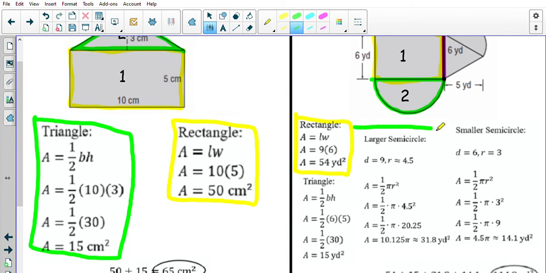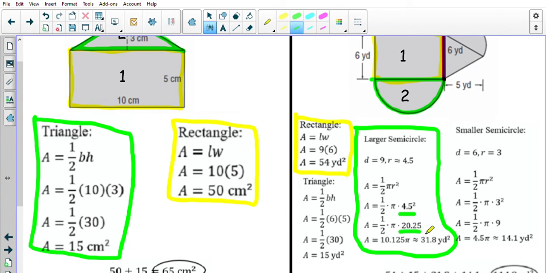That's this work here. Let me highlight it, and then we'll work through it together. So it's half pi r squared. Replace r with 4.5. 4.5 squared is 20.25. Half of 20.25 is 10.125 pi, which is about 31.8 yards squared. Again, that's for region 2, this semicircle.